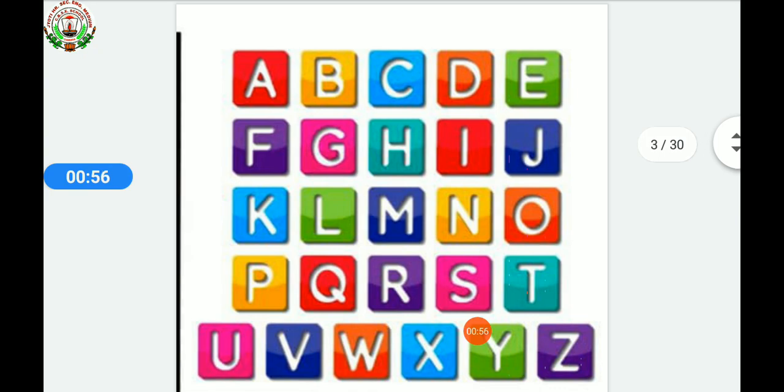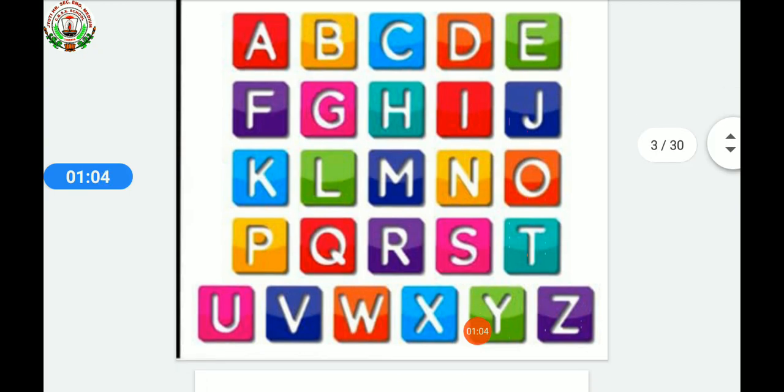Children, you can see in the picture the letters A, B, C, D, E, F, G, H, I, J, K, L, M, N, O, P, Q, R, S, T, U, V, W, X, Y, Z. There are a total of 26 letters in the English alphabet, which ranges from A to Z.